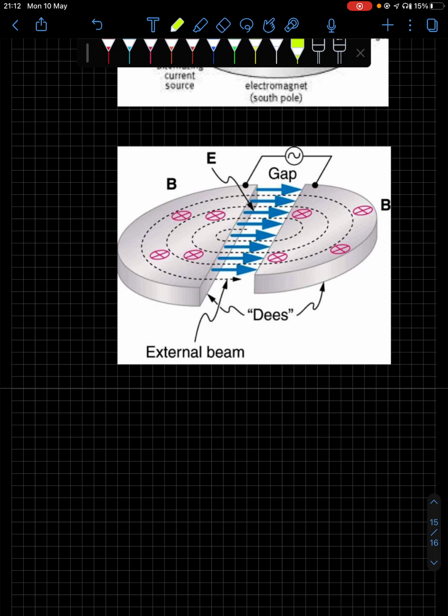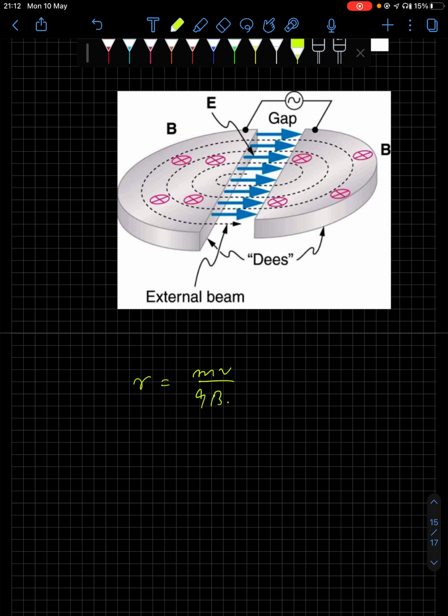Okay, so let's see the relation. Here also the magnetic force provides the necessary centripetal force, and the radius relation is mv by qB, just as previous. The time taken to complete a semicircle, we denote with small t.